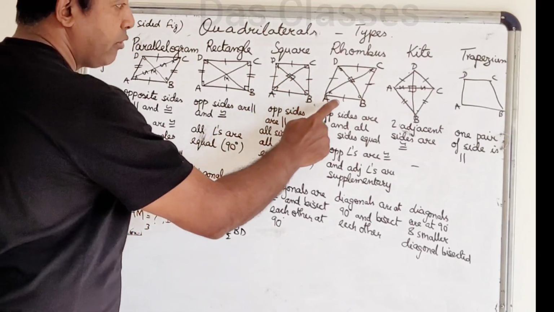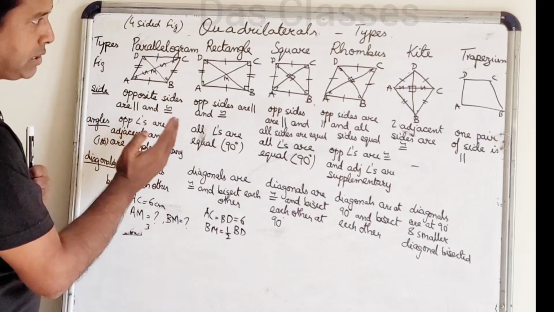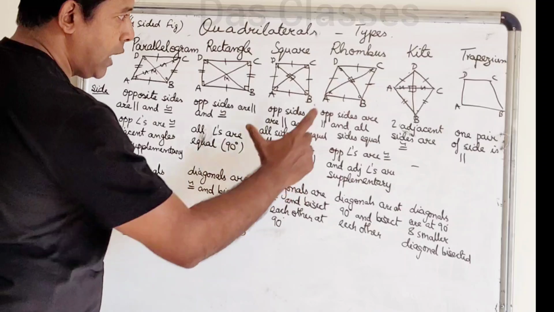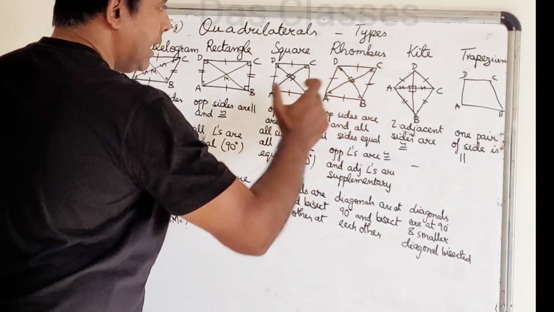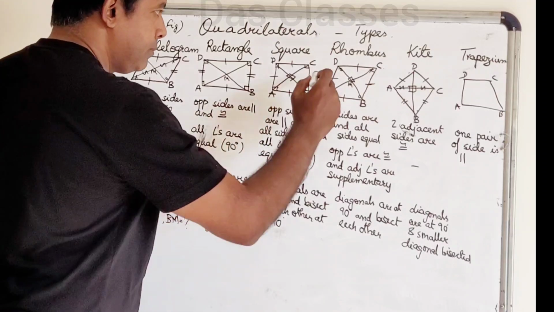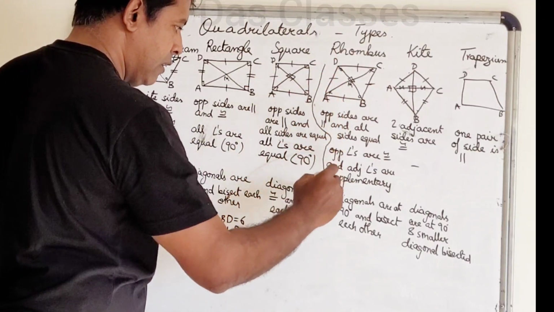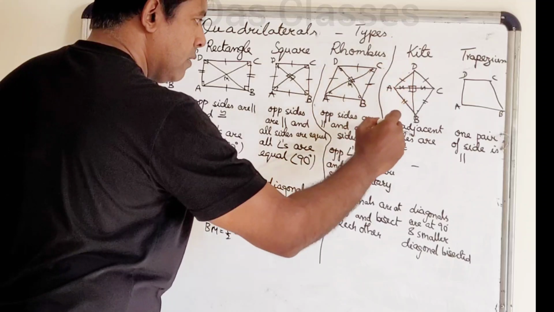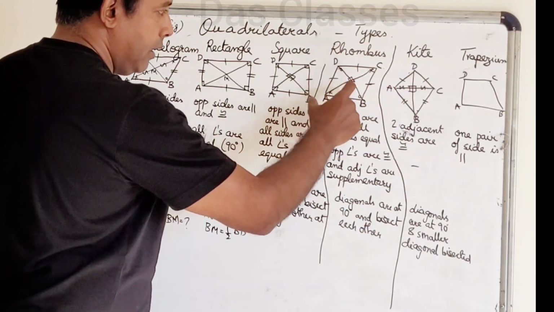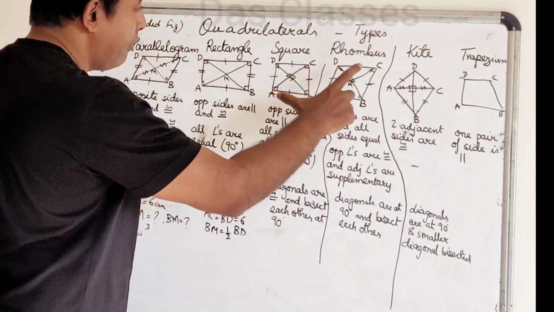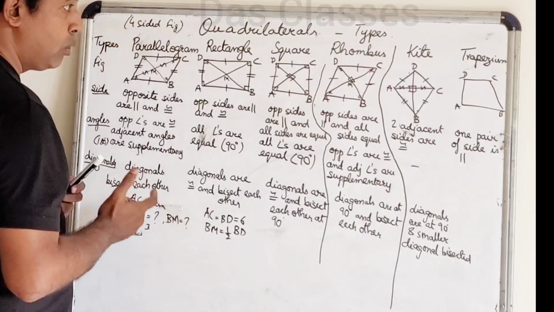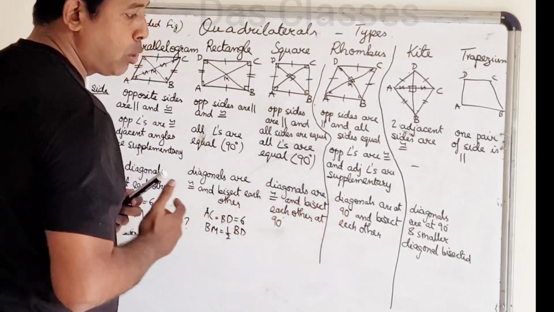In case of rhombus, as you can see, it has properties similar to parallelogram. If AC is 6 centimeter and they ask what is AM, you can calculate that, because AM would be half of AC, that is 3 centimeter. But BM you can't calculate because you don't know BD, and the diagonals are not congruent here.